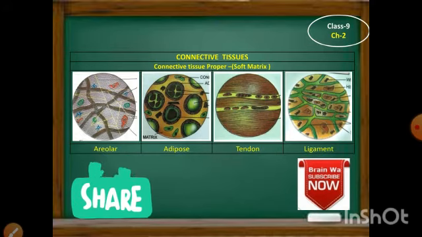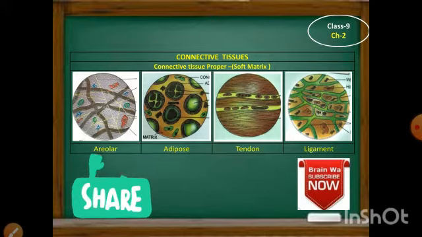Now, we will proceed to the connective tissue. In this tissue, the cells are loosely arranged with large intercellular spaces. There is a non living substance called matrix. The areolar connective tissue comes under proper connective tissue.